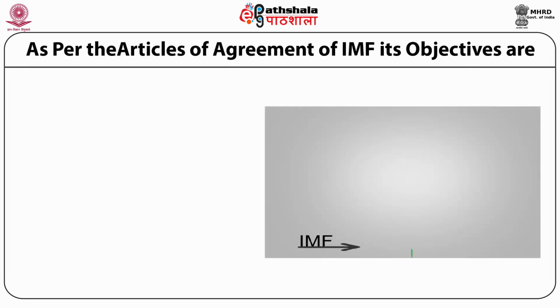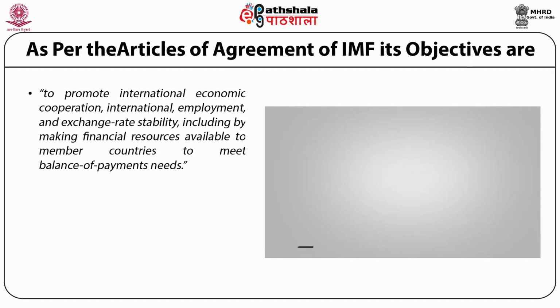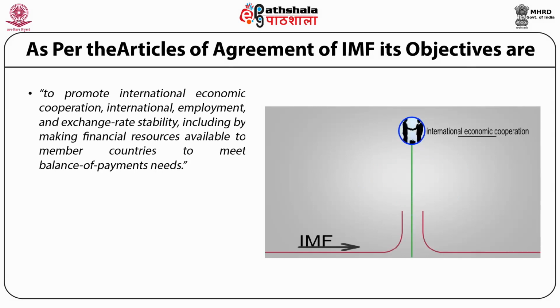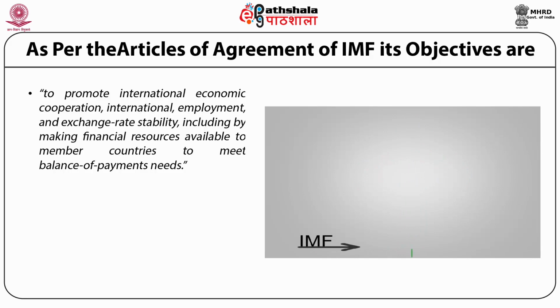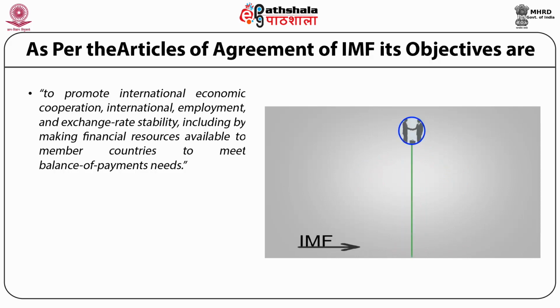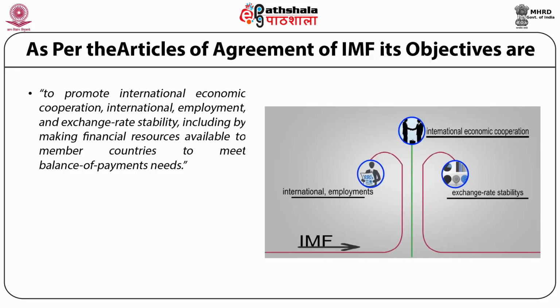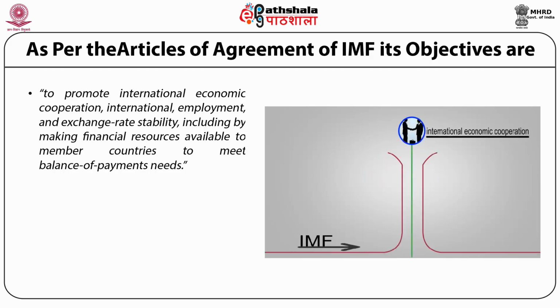As per the Articles of Agreement of the IMF, its objectives are to promote international economic cooperation, international employment and exchange rate stability, including by making financial resources available to the member countries to meet balance of payment needs.